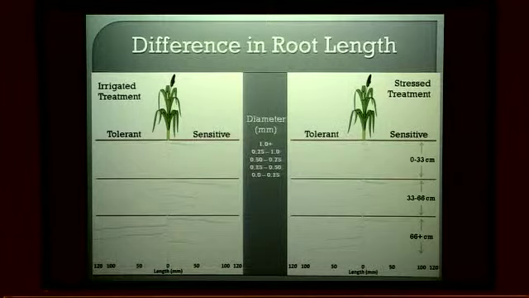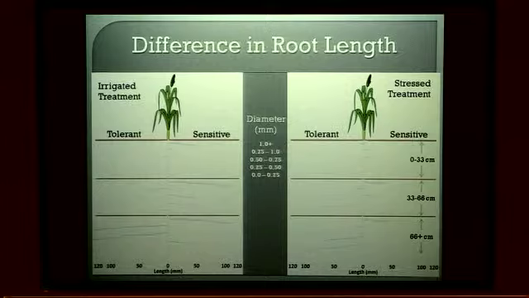So when we're looking at the difference between the irrigated and the stress treatment, we began to see a little bit of a pattern emerging in the irrigated treatment where the sensitive varieties were producing larger roots. We see that from that top, the largest diameter class, the 1 millimeter and above, showing a larger production of roots under sensitive, for those sensitive varieties.